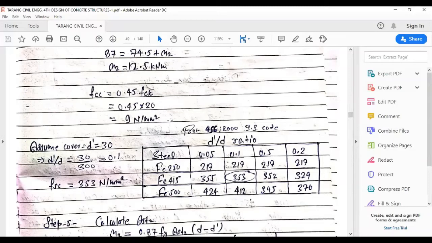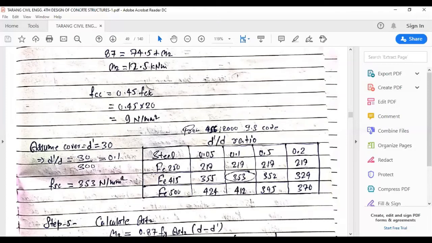For this value we use the IS 456 2000 code, and this is the table given in this code, steel versus D dash by D ratio. If it is Fe250 steel and the D dash by D ratio is 0.5, then the value we have to take is 217. Now we'll take the case in our question.